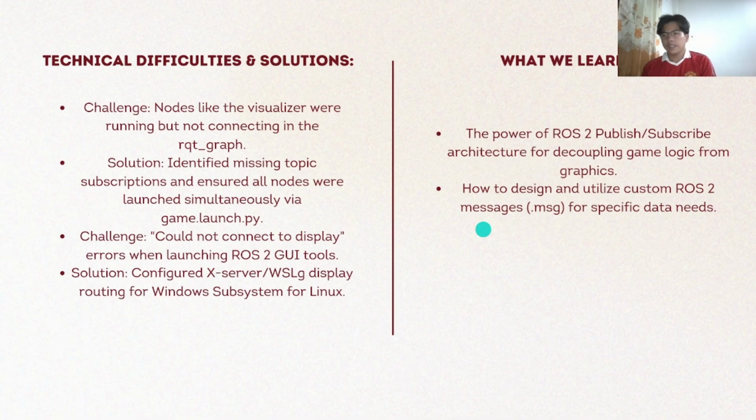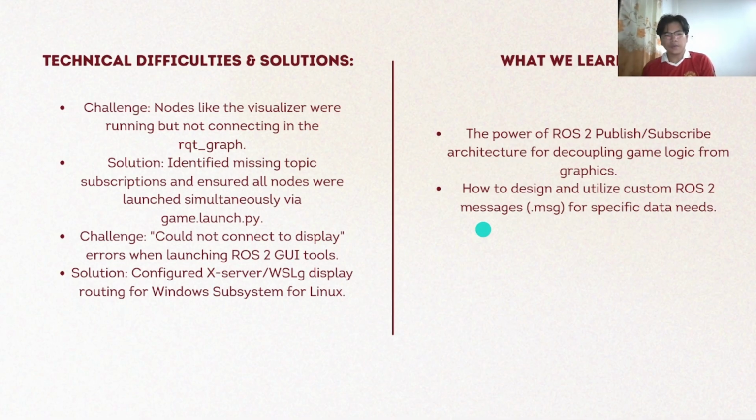So I needed to identify the missing topic subscription, and also ensure all nodes are launched simultaneously via the game launch Python file. Integrate the code together in the game_launch.py. I also had another challenge of not connecting to display. We had some errors while launching the ROS2 GUI tool.